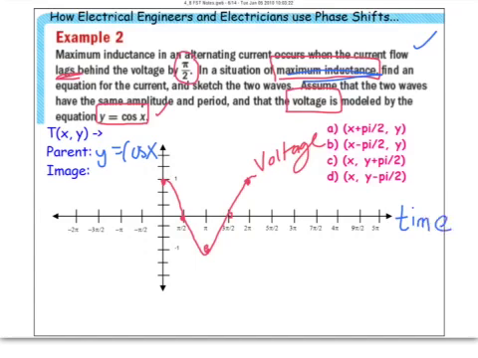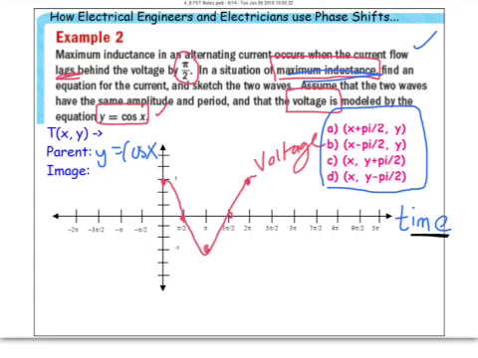If this lags behind, look at the 4 choices. One of these is the correct ordered pair rule for lag. Pause the video and see if you can guess which one of these 4 ordered pairs will help give us the equation for the inductance. Okay, if it lags behind, what it means is if this is time, that time has gone by.